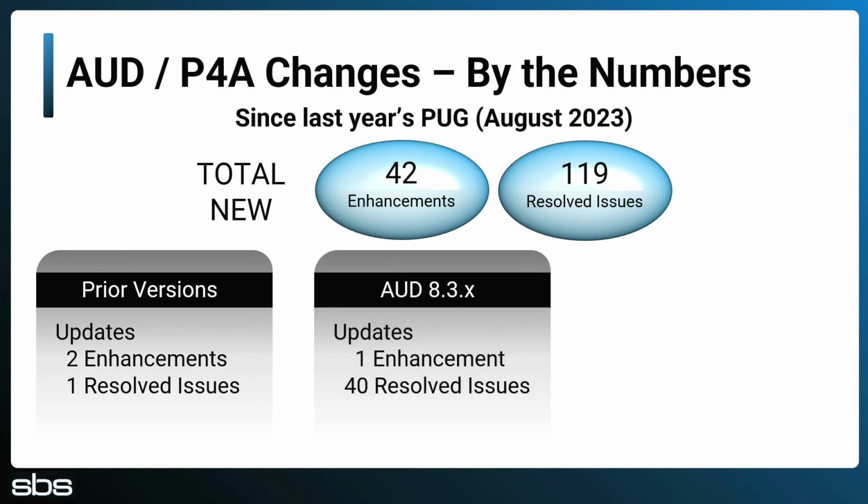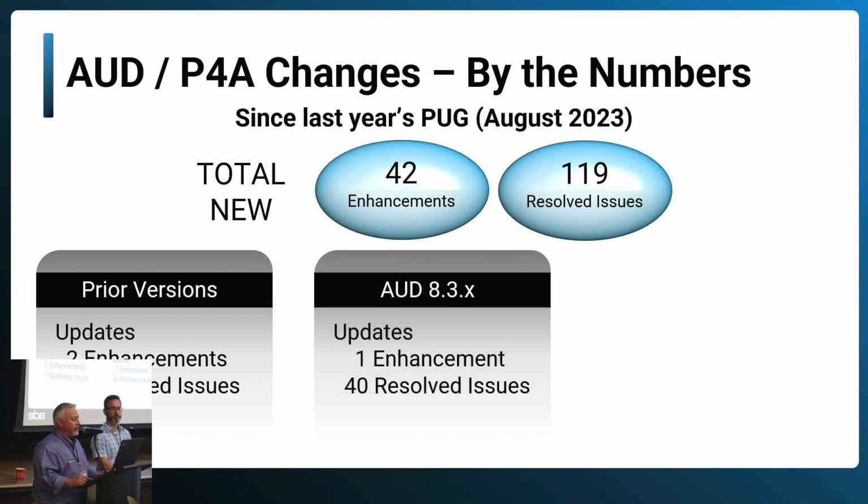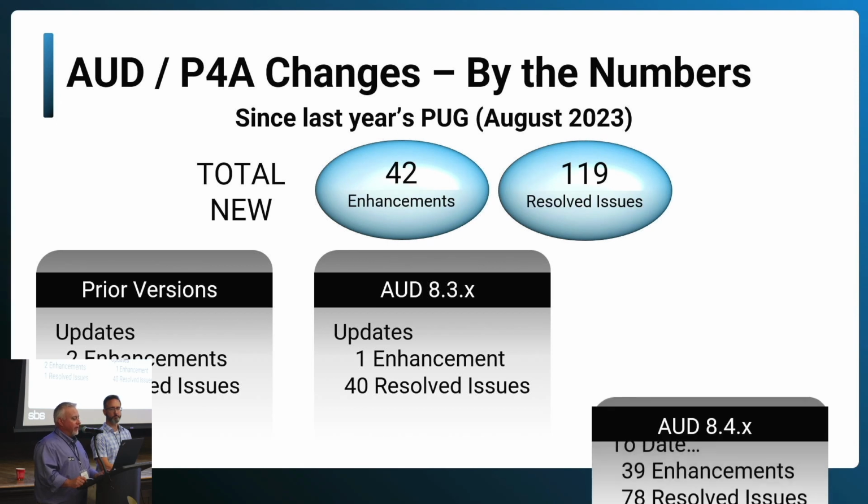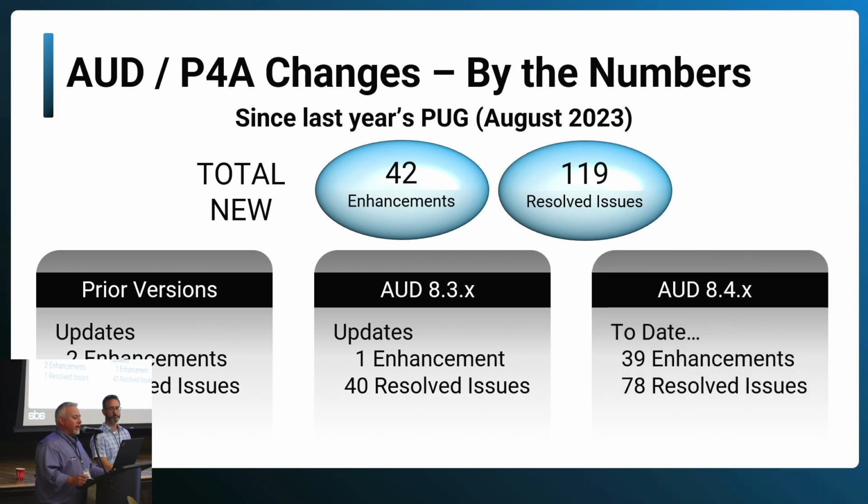On the 8.3 side, we had 1 new enhancement go in. 8.3 is less about enhancements at this point and more just maintenance for those customers that are still on 8.3. And we resolved 40 issues back to the 8.3 code base. And then on the 8.4 side, we've added 39 enhancements to date and 78 issues that have been resolved.